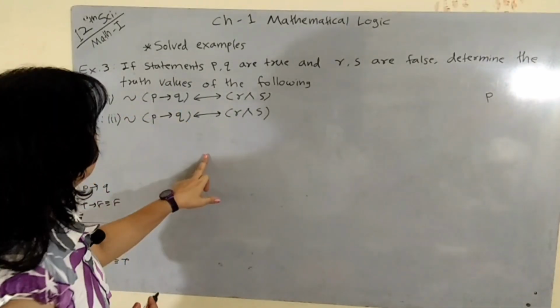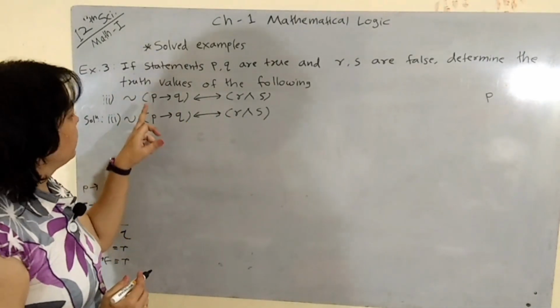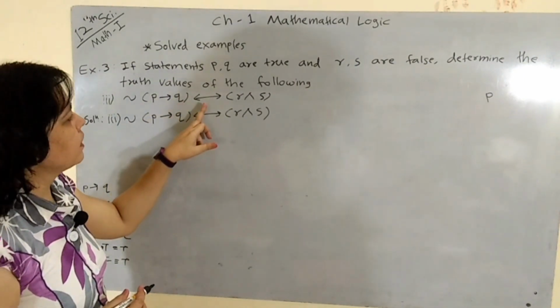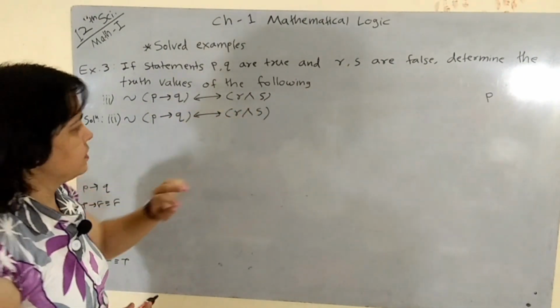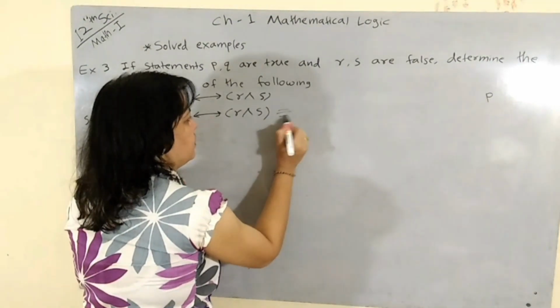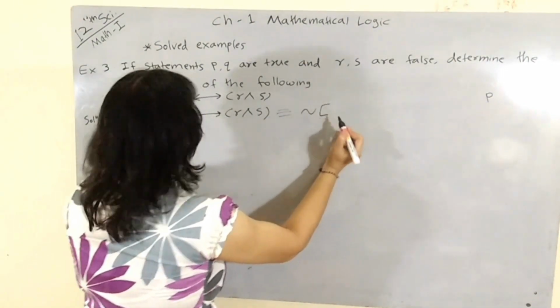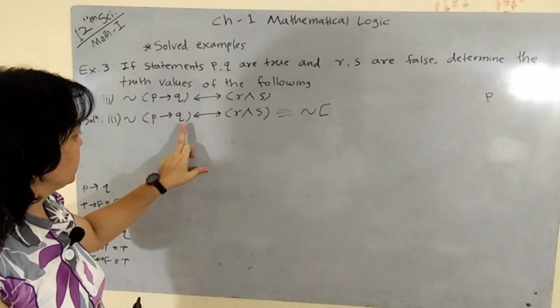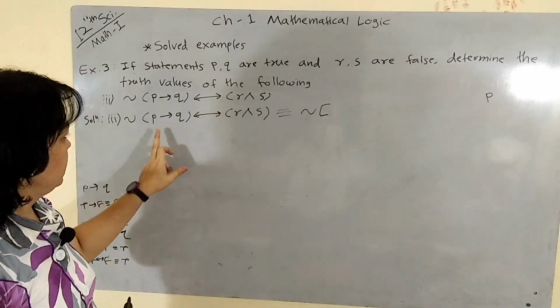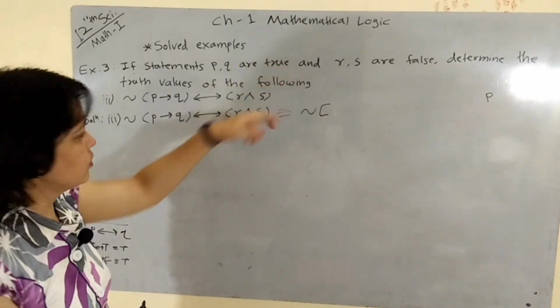Our next example is, negation of P conditional Q, biconditional R and S. So this is equal to negation of P conditional Q, or P implies Q. Both have truth value true.